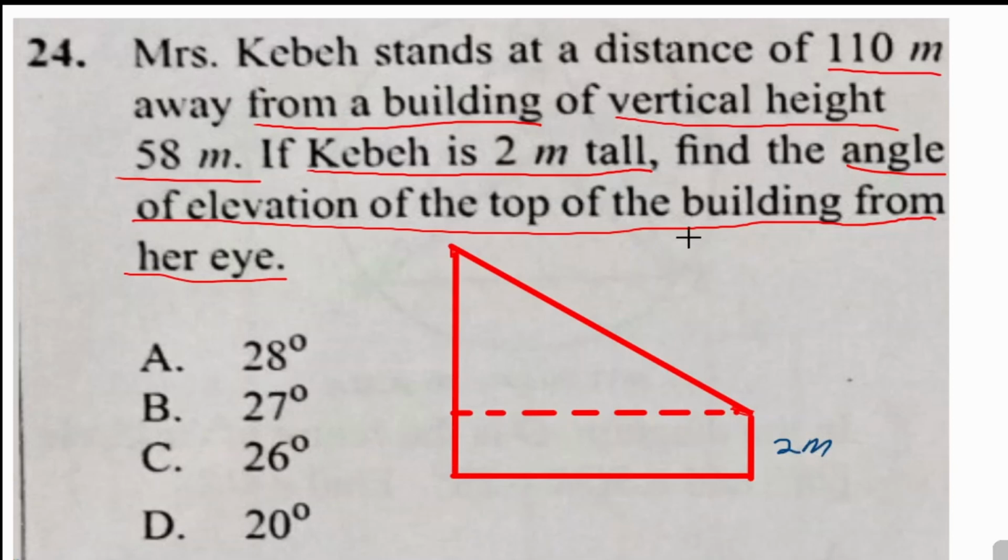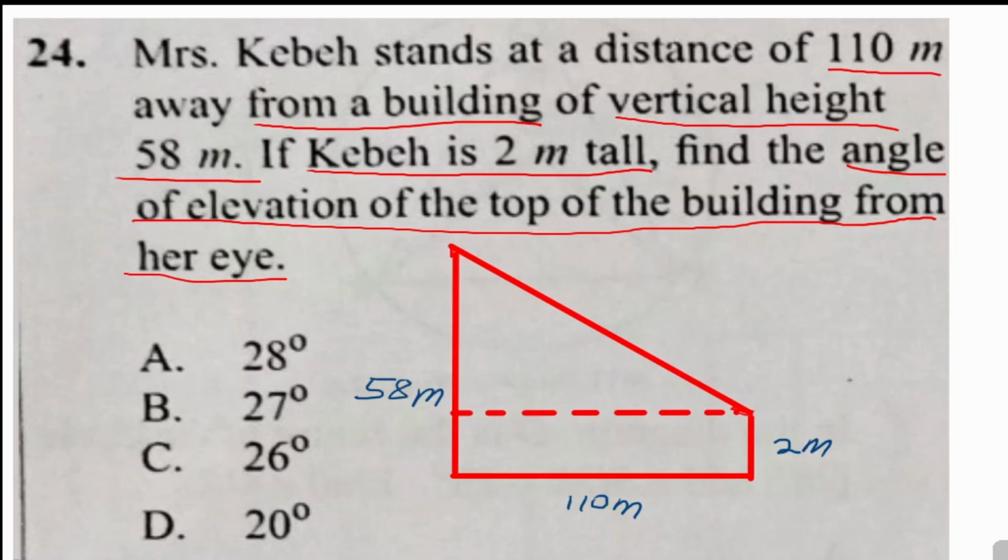Then the question says she stands 110 meters away from the building. This is our building, and if she stands 110 meters away from the building, then 110 meters will be here, and then the building itself is 58 meters.